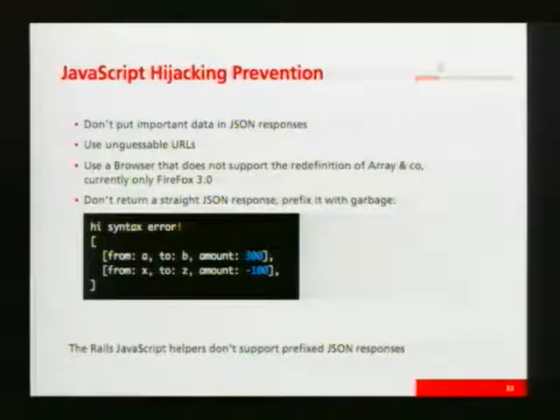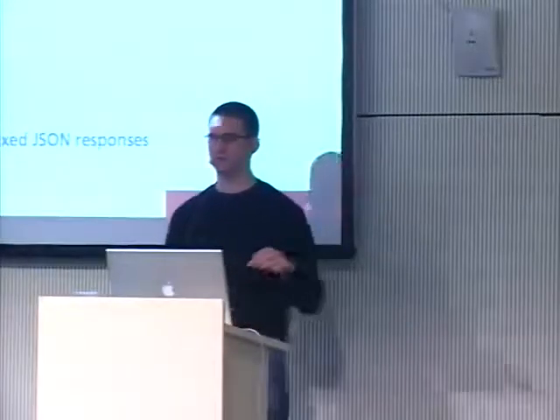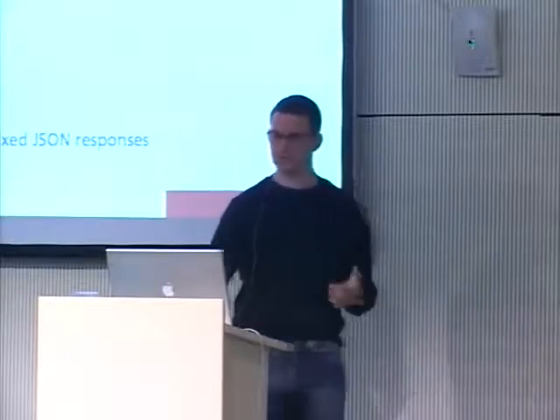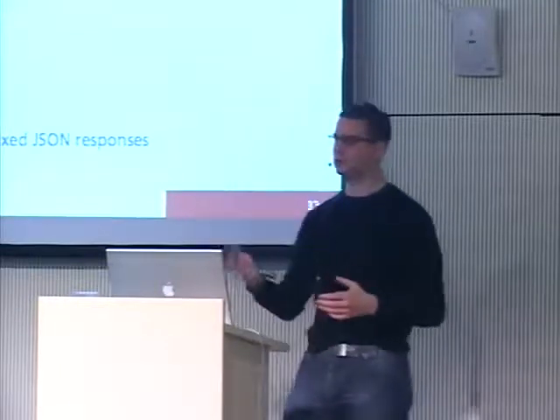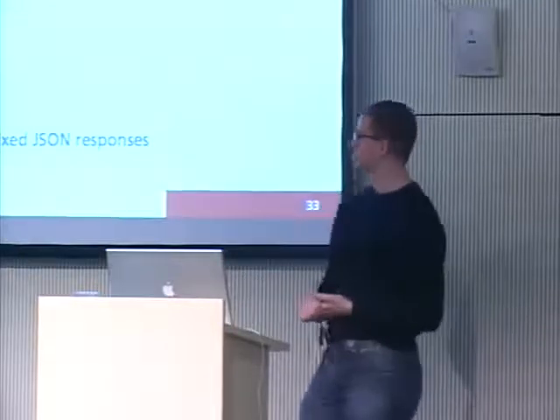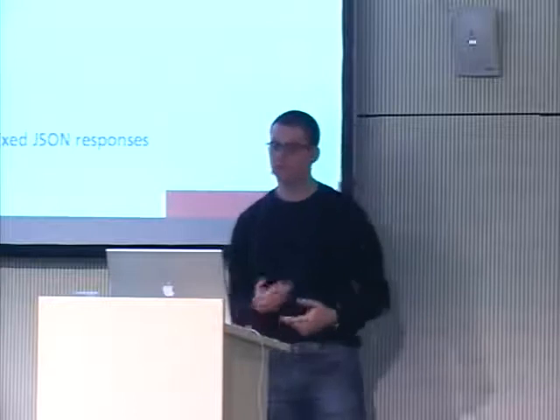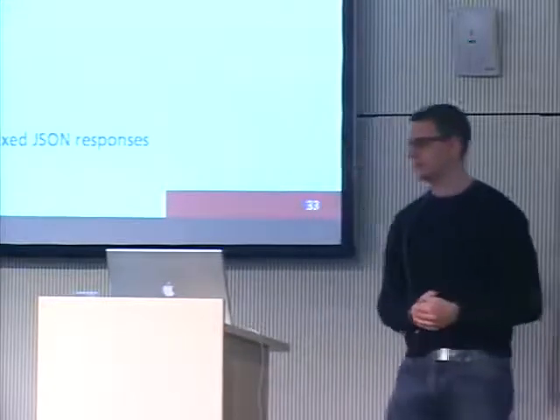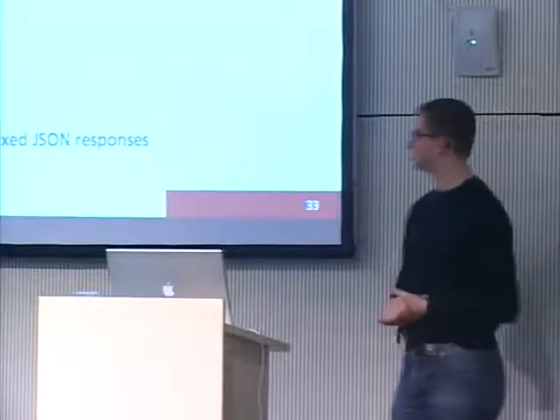The problem is that the current Rails helpers are not fit to do this, so you have to do all this by yourself. You cannot use the included Rails helpers that periodically execute something or do an update request and so on. This doesn't work. You have to manually write your own JavaScript library on top of Prototype or whatever library you're using in order to use this kind of trick.